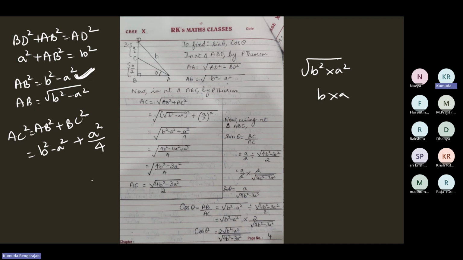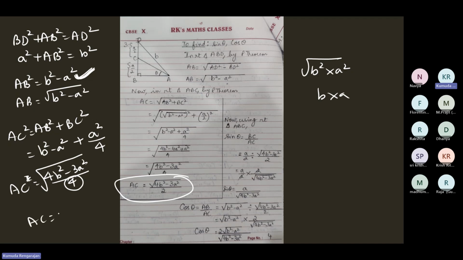Then upon taking the LCM and all that, you get AC square is equal to 4B square minus 3A square by 4. So AC is equal to the square root of this one. And since the denominator is 4, which is a perfect square, take the square root only for the numerator: AC is equal to square root of 4B square minus 3A square, divided by 2.